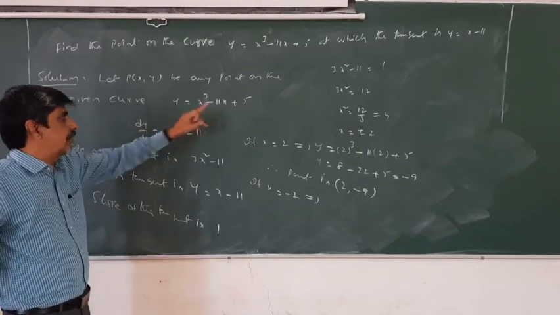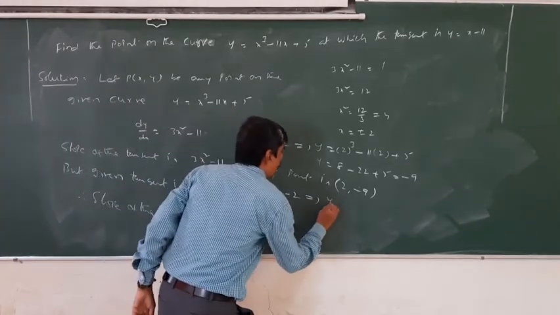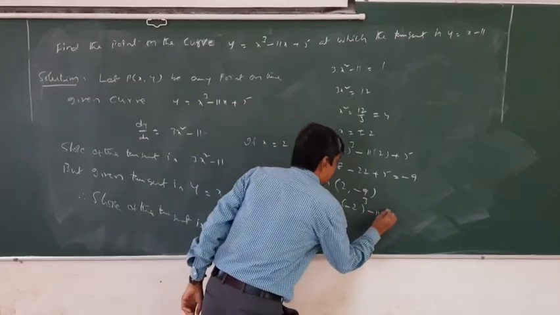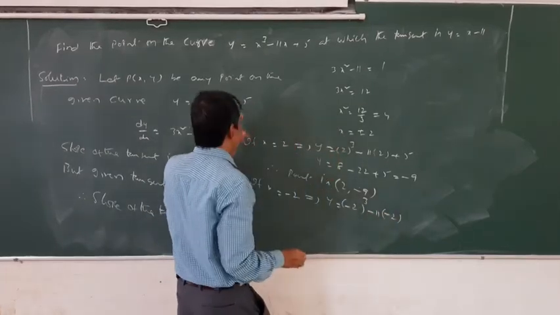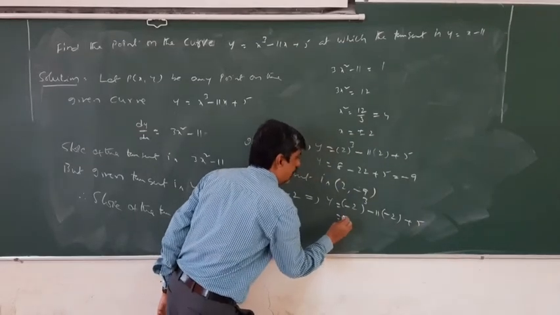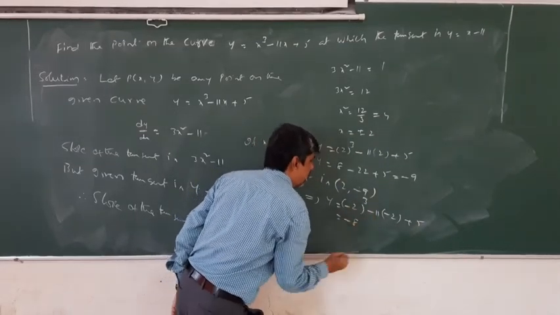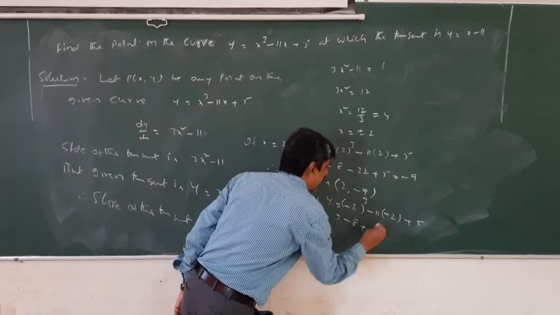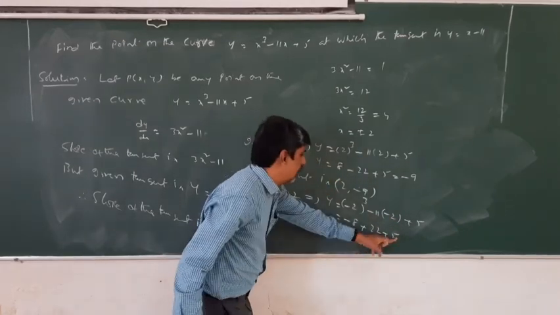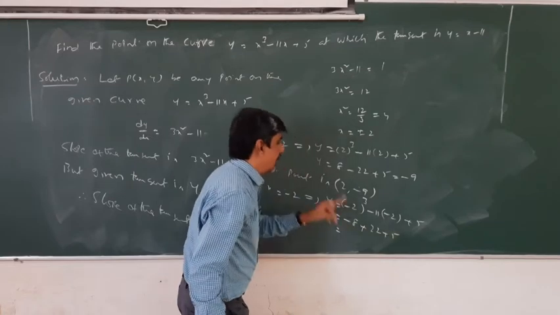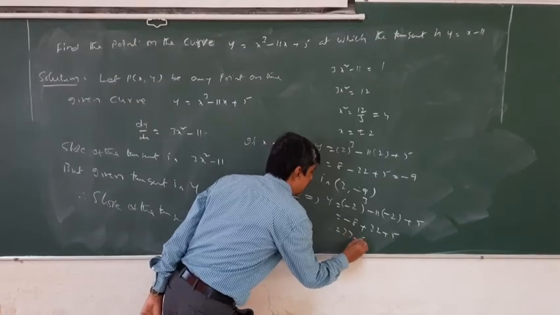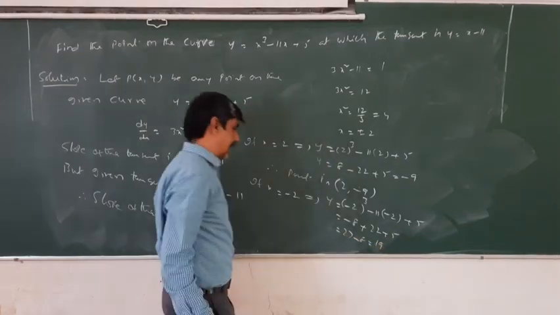Another point: if x is equal to minus 2, substitute x is equal to minus 2 here. Then y is equal to minus 2 whole cube minus 11 into minus 2 plus 5. Minus 2 whole cube is minus 8, and minus into minus, 11 into 2 is plus 22, plus 5. So plus 22 plus 5 is plus 27, minus 8 means this is 19.